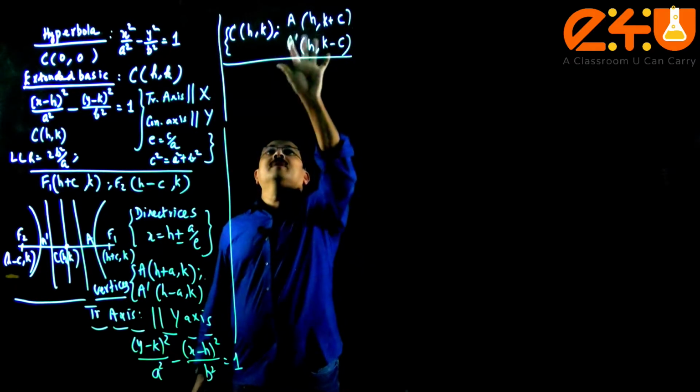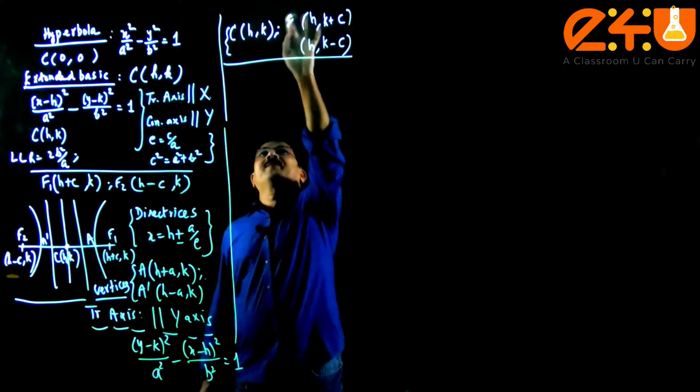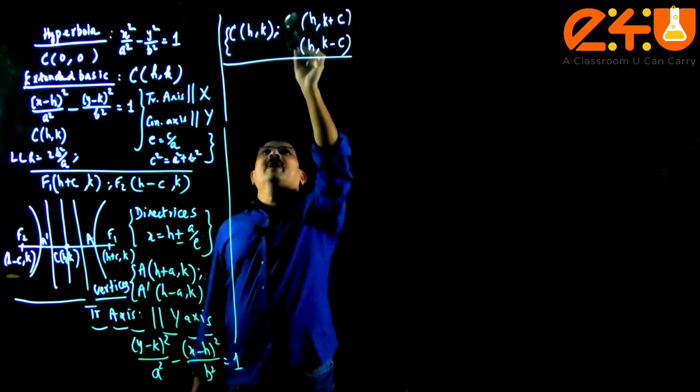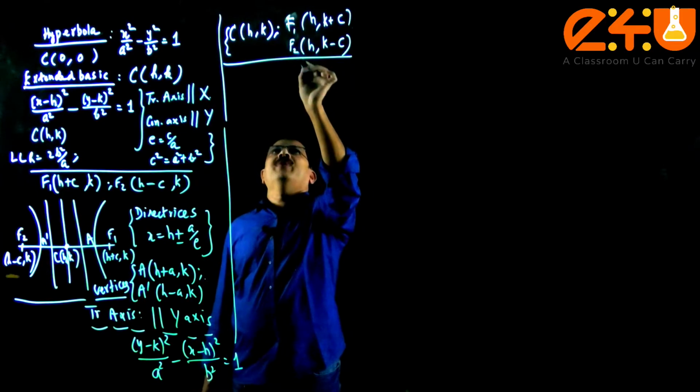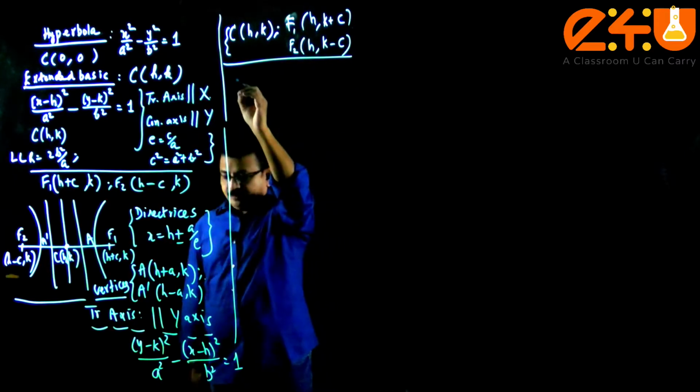I'm sorry, I made a mistake. By adding c units, you get foci F1 and F2.